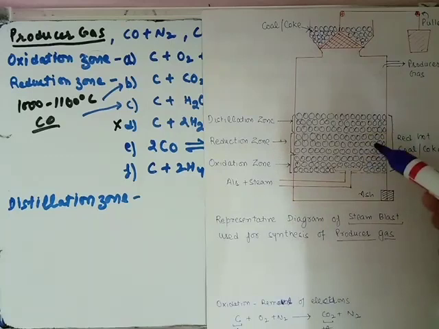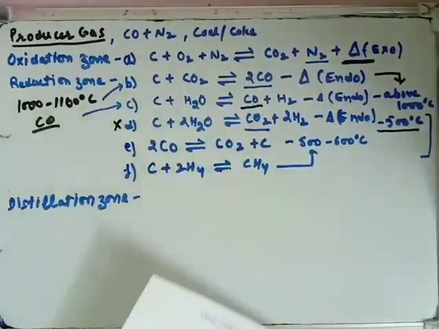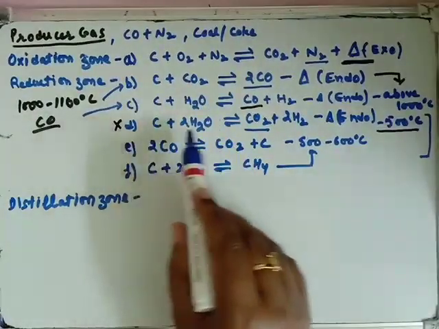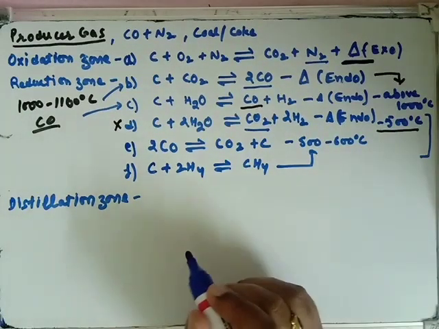If all the steam does not react in the reduction zone, then it goes to the distillation zone, and the reaction in the distillation zone takes place. It means, see here, reaction C involves steam, reaction D involves steam. If any steam is left, then the distillation zone reaction takes place.